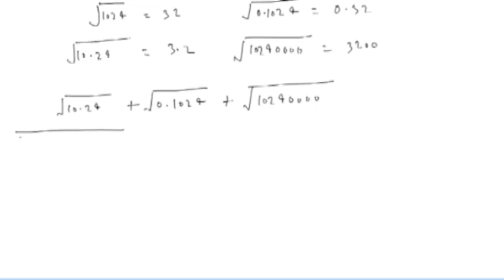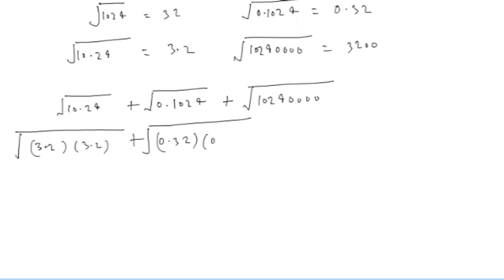First we can write this number in this way: 3.2 into 3.2, and we can write this number 0.32 into 0.32. Okay, and this number is the square of 3200.